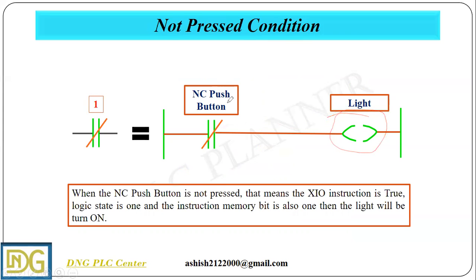When the NC push button is not pressed, that means the XIO instruction is true. The logic state is 1 and the instruction memory bit is also 1. Then our light will be turned on. So it means our light is on when we are not pressing this type of instruction.